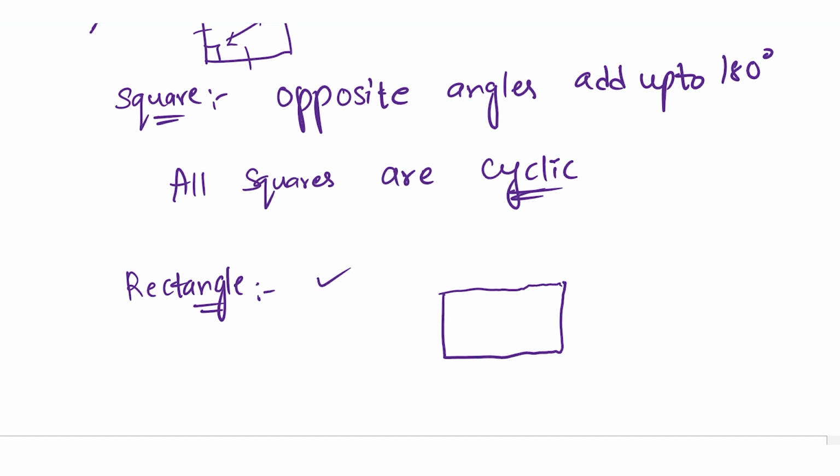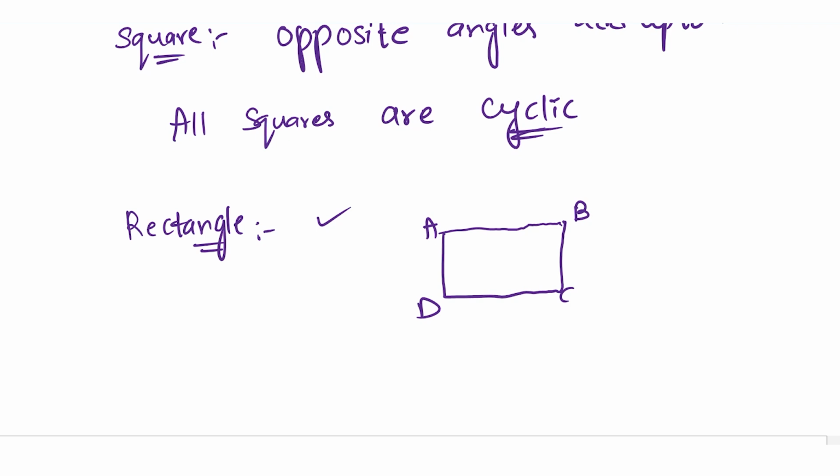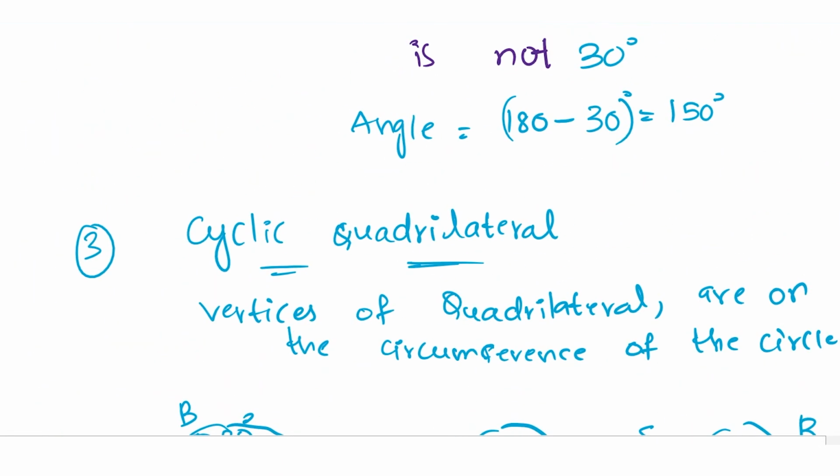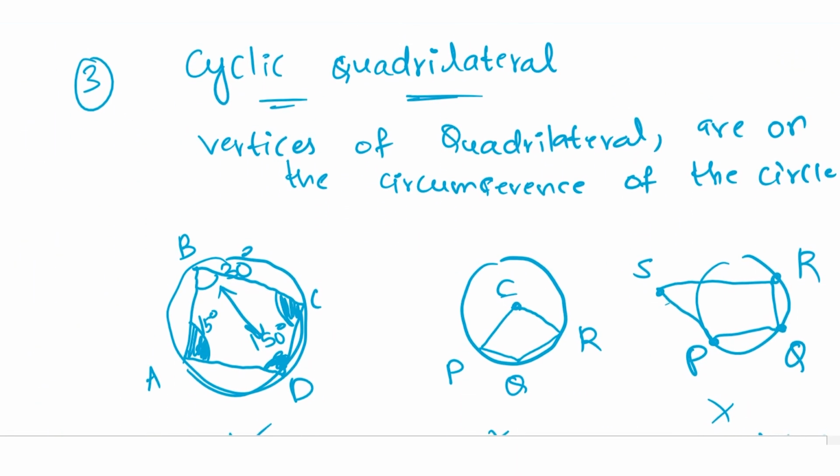What I know is the vertices ABCD must be part of some circle. So that circle will pass through the vertices like this. This angle is 90 degrees. So this is about number 3, the third theorem.